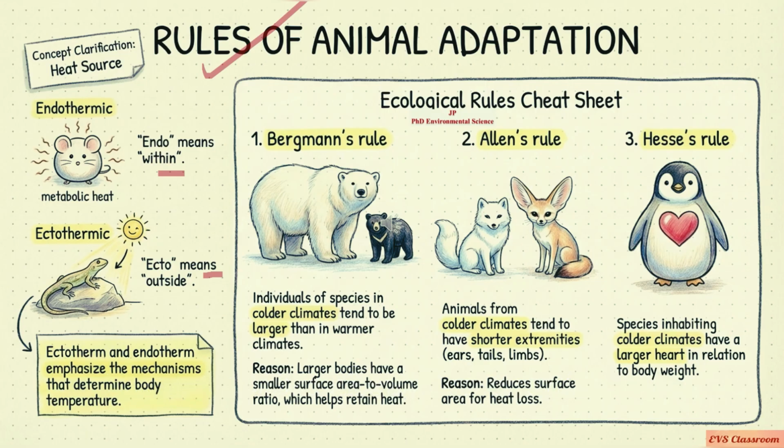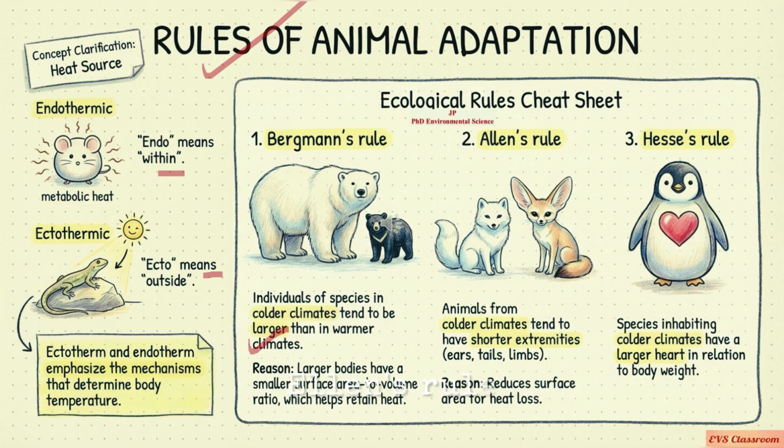Ecological rules. Bergmann's rule. Animals in colder regions tend to have larger body size than those in warmer regions, because a larger body has a smaller surface area compared to its volume, leading to lesser heat loss. For example, polar bears have large bodies, tropical bears have smaller ones.